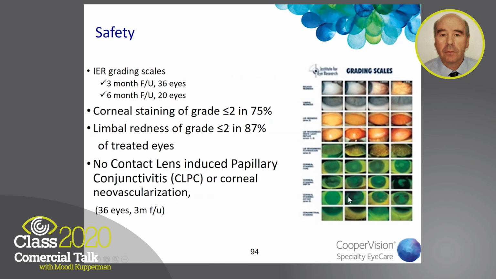So this was the reference to evaluate the safety of using these lenses. After 3 months, we have 36 eyes come to evaluate, and after 6 months follow up only 20 eyes, but maybe those people are still staying with these lenses.